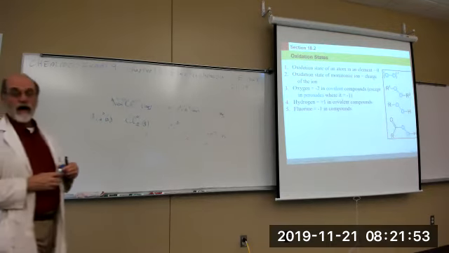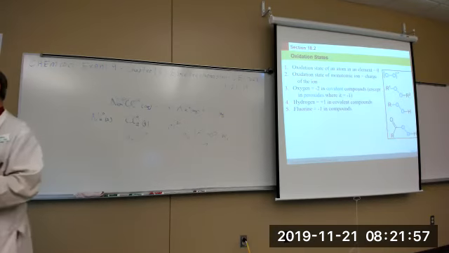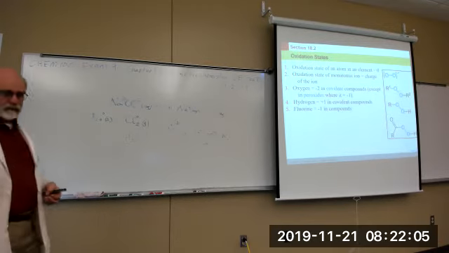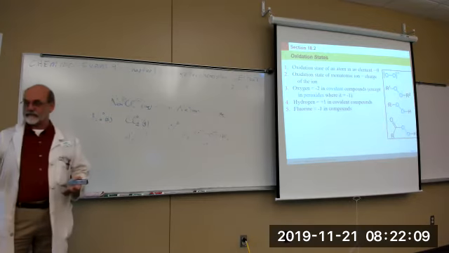Those are oxidation states. The ones we're interested in primarily will be the first one that's listed for each one of those. But those other oxidation states are possible depending on the compound.